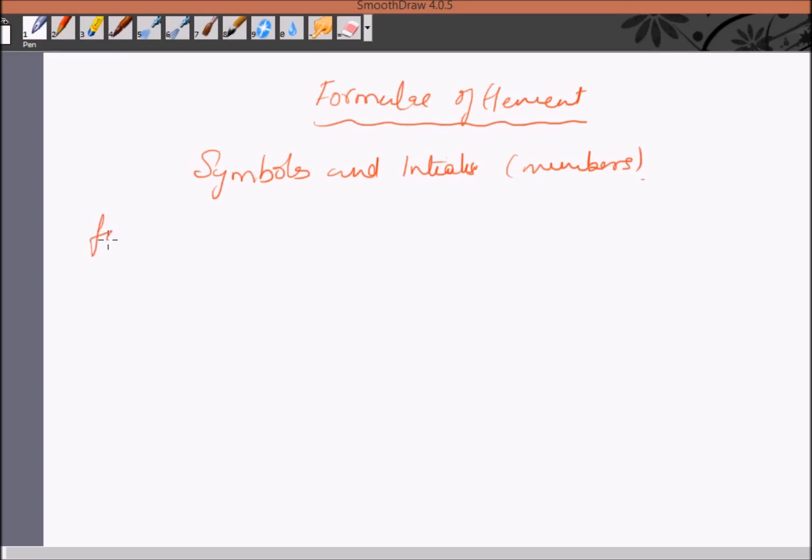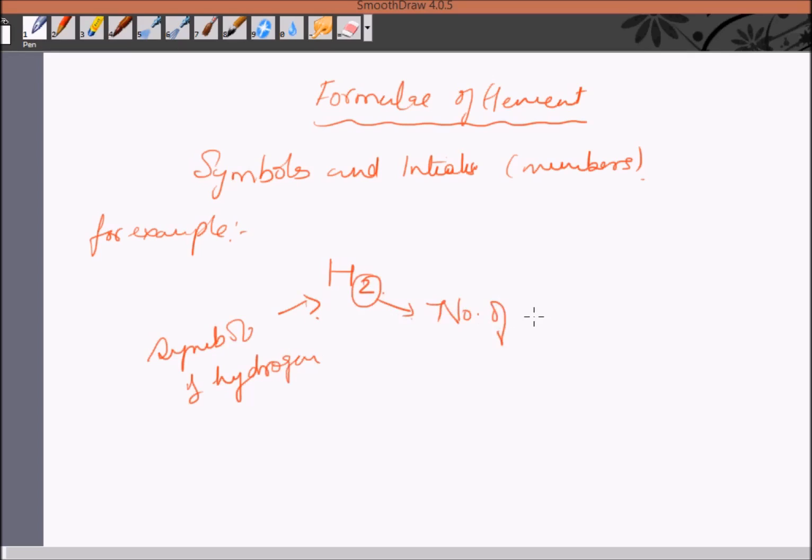For example, if I tell you we have H2, where H is the symbol of hydrogen, and this is the number of atoms in the molecule. So one molecule of the hydrogen element contains two atoms of hydrogen, right?